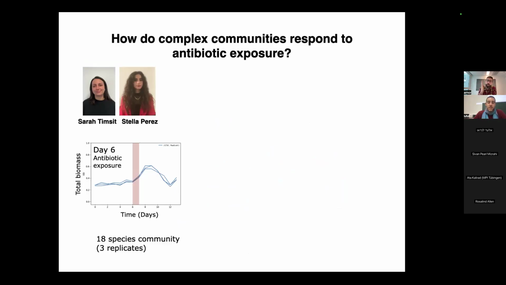Here we are doing daily dilutions every day. So we start with these 18 species at day 0. We do 5 daily dilutions, and then on the 5th dilution we introduce the pathogen or invader, and the next day we apply an antibiotic treatment. Yeah, thanks. Okay.